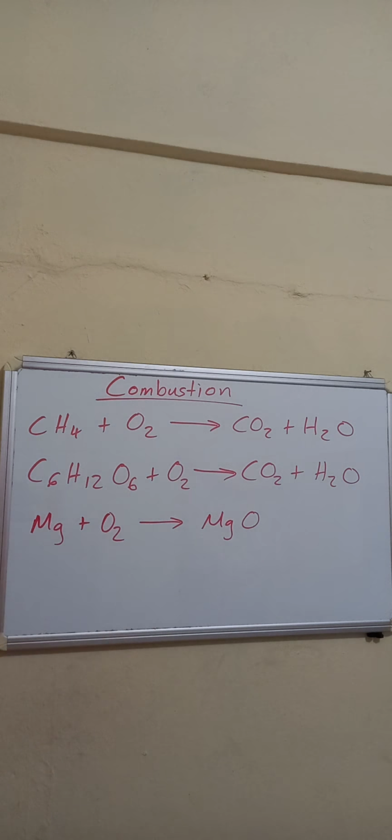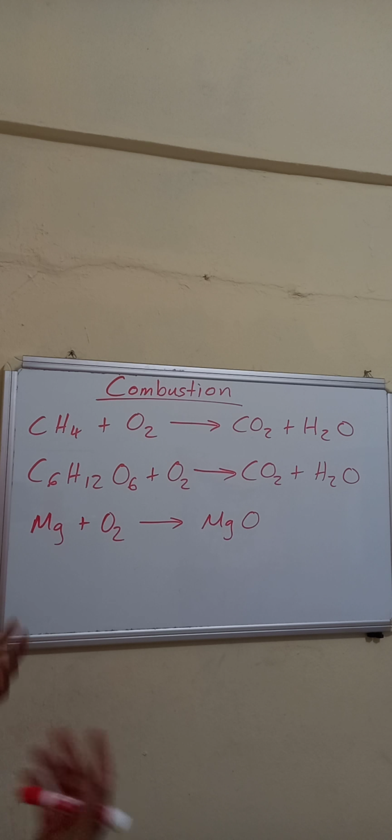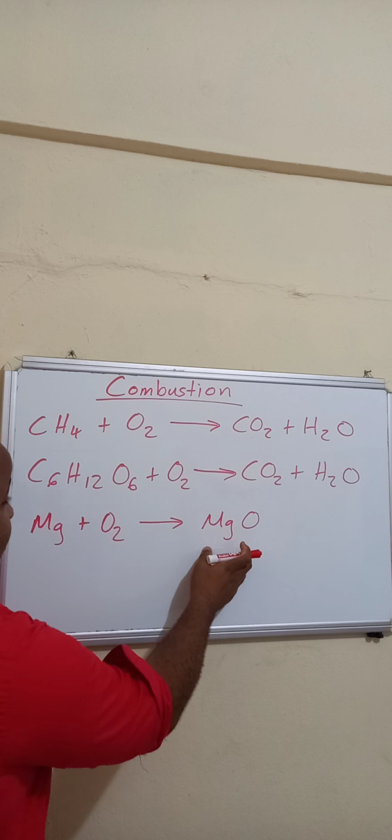So the first reaction we did earlier with magnesium and oxygen, this is actually combustion. I will do this reaction in our next video and let you see it. When you burn magnesium, so you light it, it reacts with the oxygen in the air. That's how we get magnesium oxide.